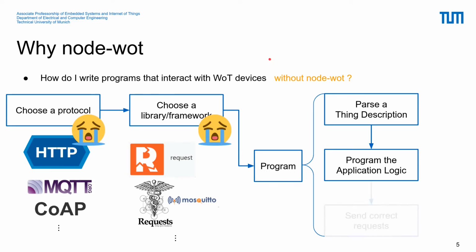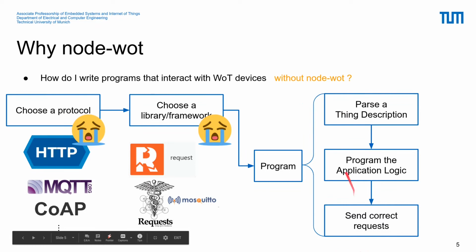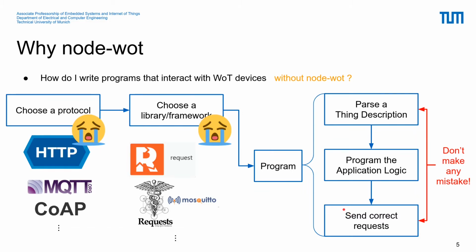And then you should also send the correct requests, meaning the correct method for the correct protocol and the correct payload, and also the security requirements. You should import the credentials appropriately and use them. And for this and the last step, you should make sure that you don't make any mistake, because these are the parts that the device tries to respect. The device will give a thing description, and the device will respect your requests according to its thing description.